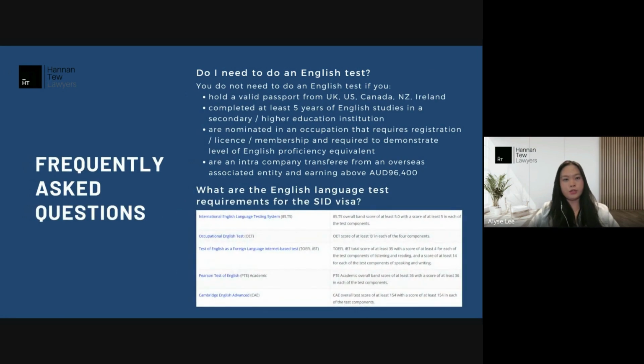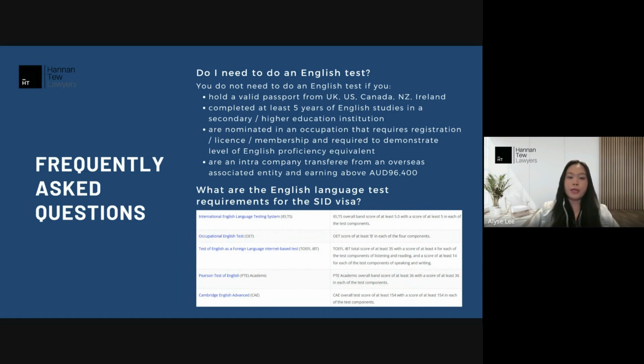Do I need to do an English language test? Yes, the visa applicant will need to do an English language test unless they meet any of the exemptions below. This means holding a valid passport from the UK, US, Canada, New Zealand, or Ireland, or having completed at least 5 years of English studies in a secondary or higher education institution.